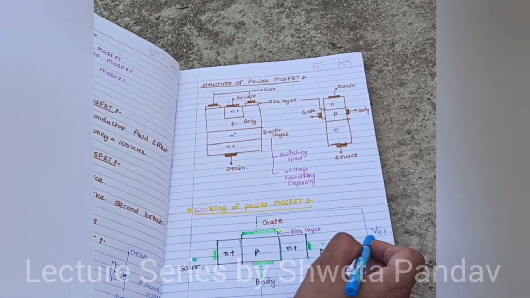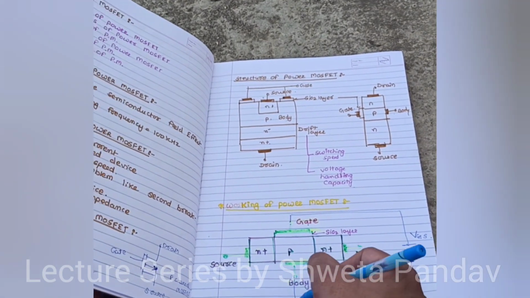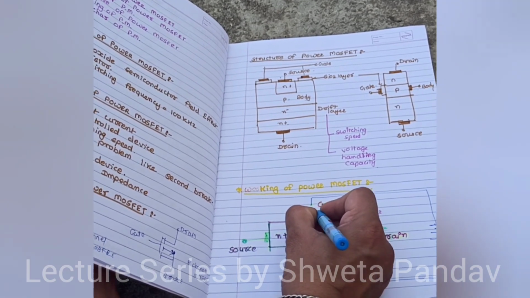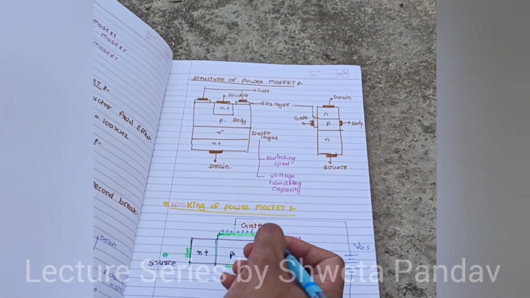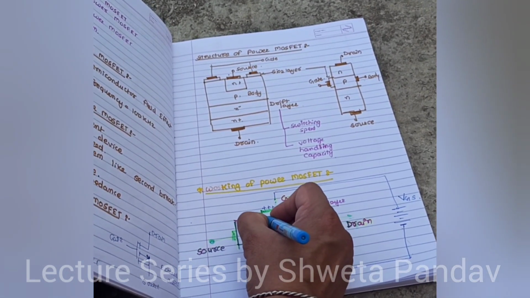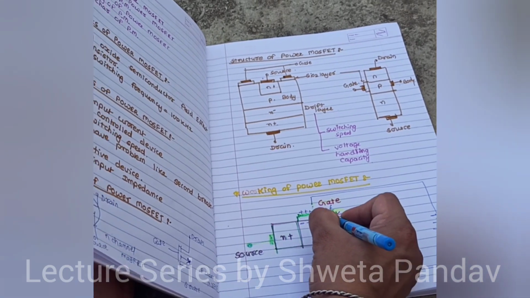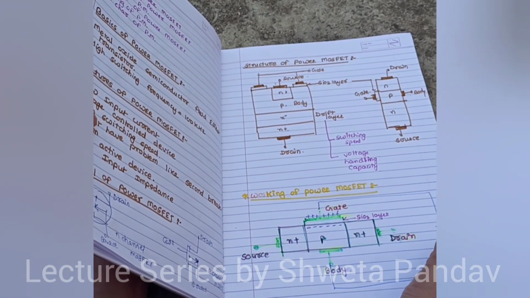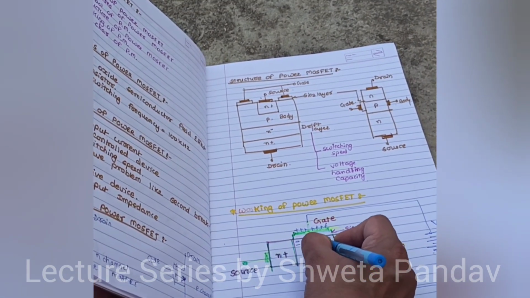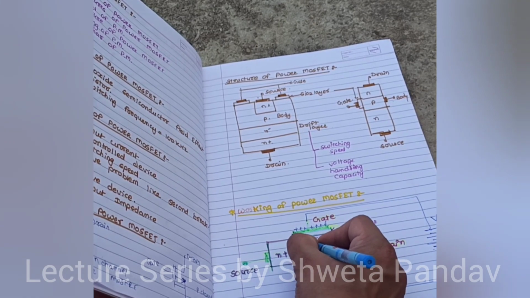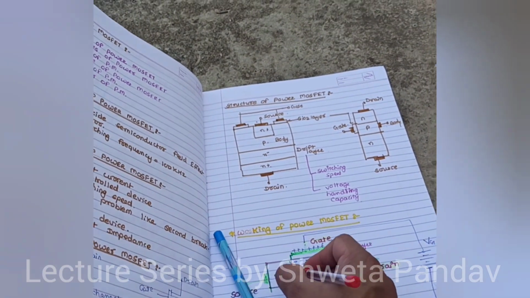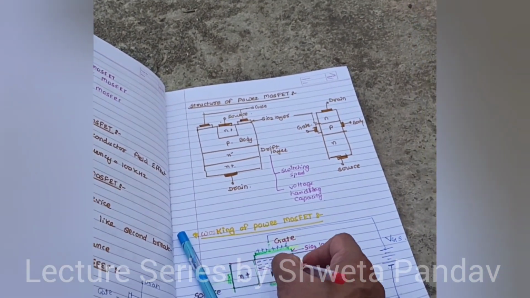As the gate is connected to the positive terminal of the battery and the source, that is the body, is connected to the negative terminal, from the gate side we are generating positive voltage, and from the P side we are generating negative voltage. As we keep increasing the positive voltage across the gate side, negative charge carriers go on adding, and one channel is introduced here.